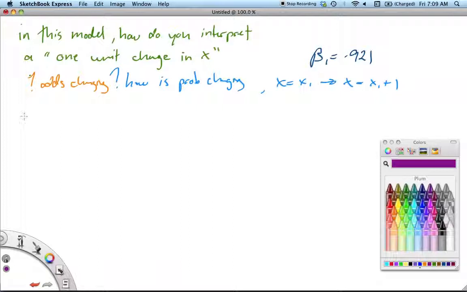My claim is that the probability of x times some number, and this is where I'm cheating because I know it's times, I know it's not plus.